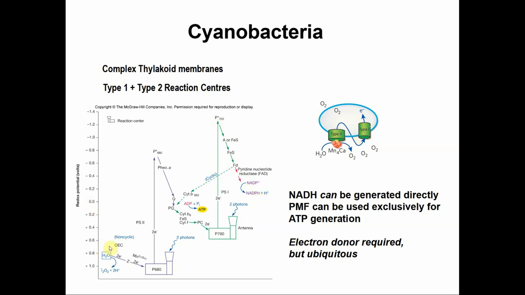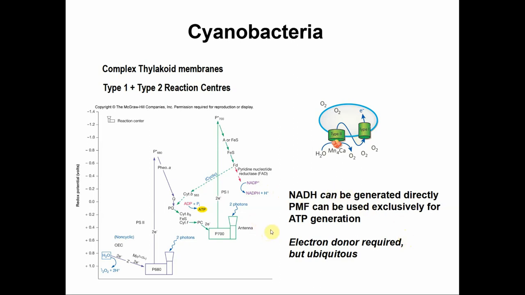So here you have both things working in series. You've got an electron donor all the way over here, which actually is a very, very poor electron donor. But the fact that you've got these two photosystems working together generates enough redox potential to transfer these electrons onto NADP+. So you can get NADPH generated directly.